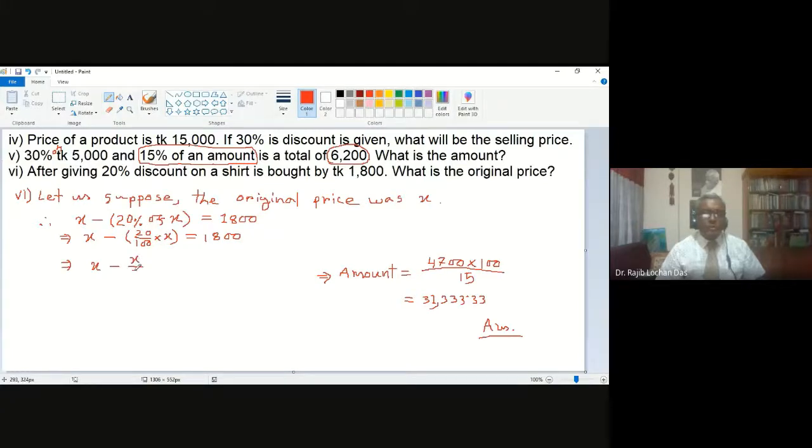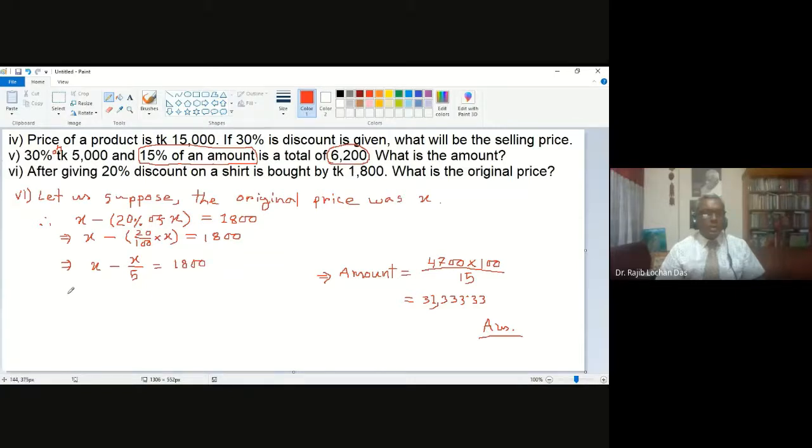Very simple. 20 and 100 cancel. So in the upper side you have only X, in the lower side you have 5. So X by 5, equal to 1,800 in the right side.